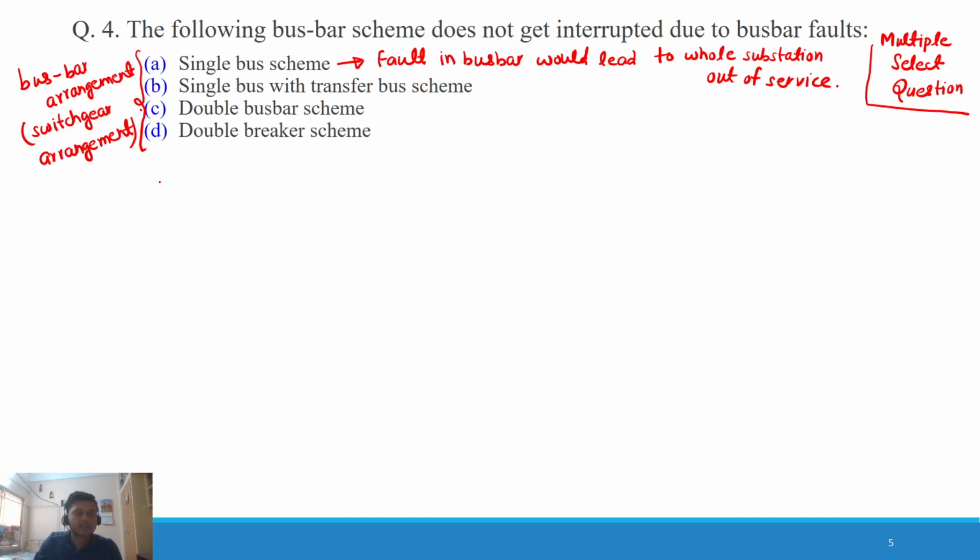The transfer bus is used for the maintenance of circuit breakers. It will be clearer if you see the figure of this busbar arrangement.